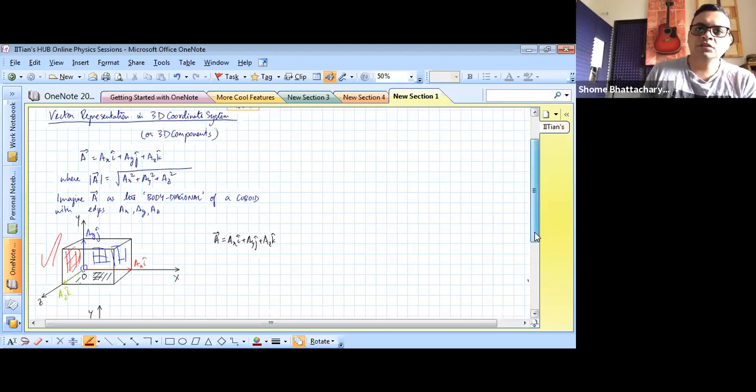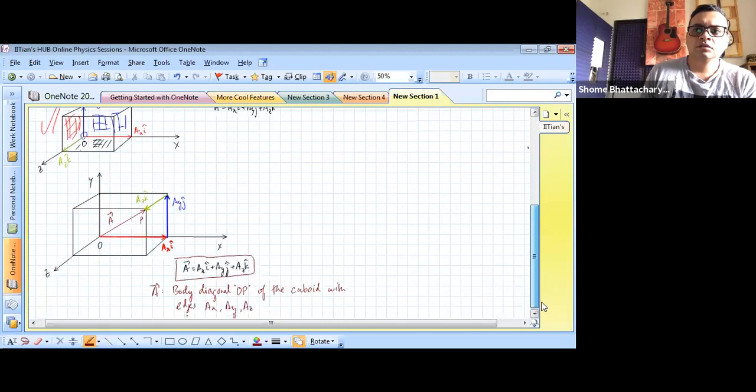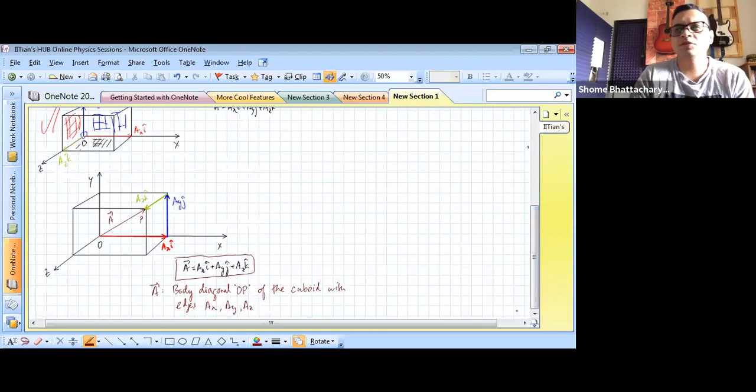Okay, so if you're done with this, yeah, we'll do lots of examples, but first we want to understand the visualization of the vector.